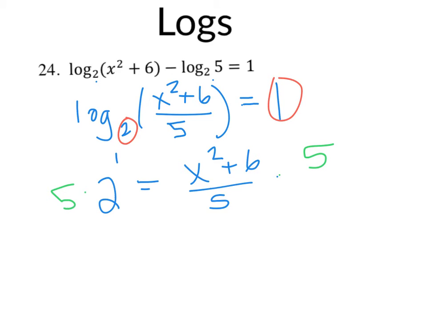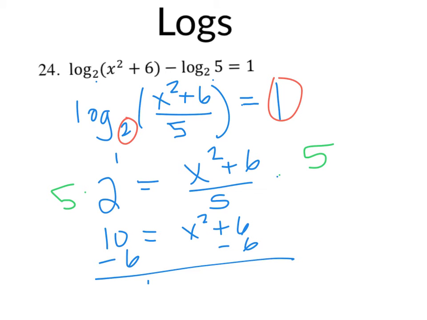And we have 10 equals x squared plus 6. We can subtract 6 from both sides. 4 equals x squared. Oh, this is a lovely one. Take the square root of both sides, and don't forget, never ever forget your plus or minus. So x equals plus or minus 2.